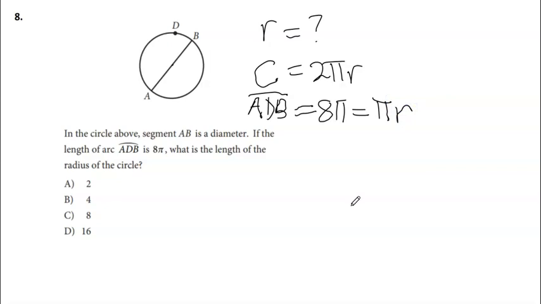So basically, we're saying that 8 pi is equal to pi r, because they are the same. So we can divide by pi. So pi here cancels pi here, and our 8 is equal to r. In other words, r equals 8. So C is our answer.